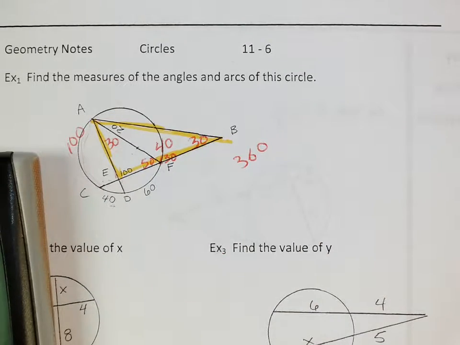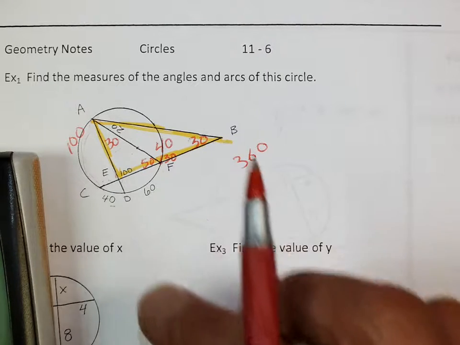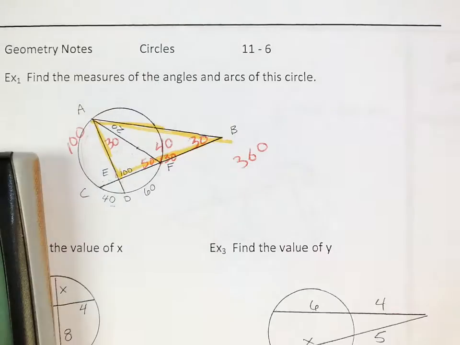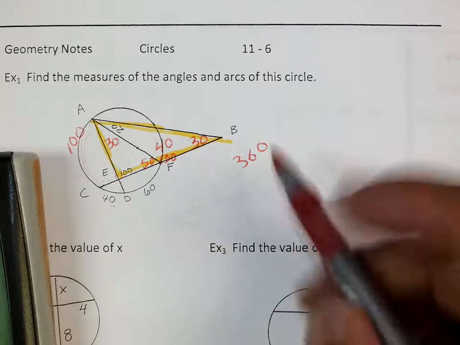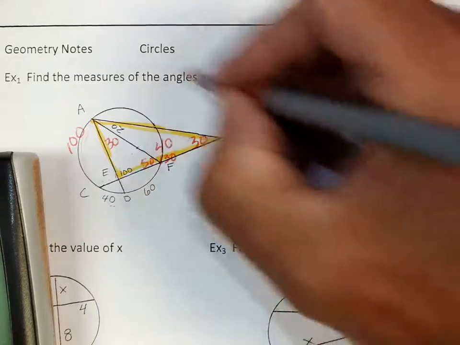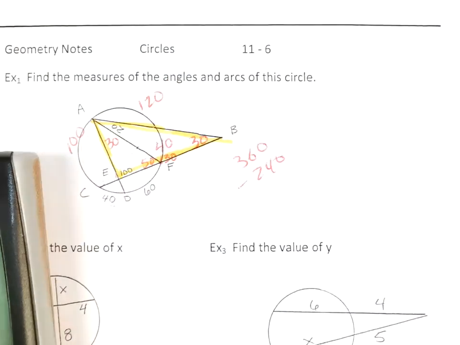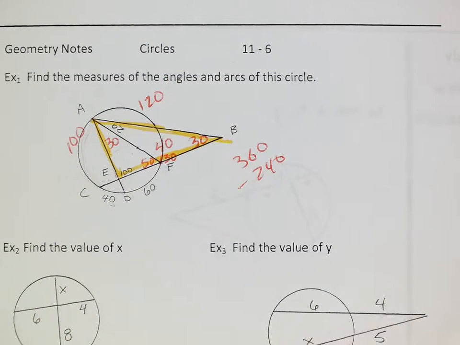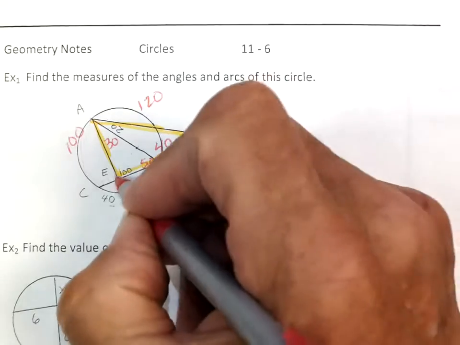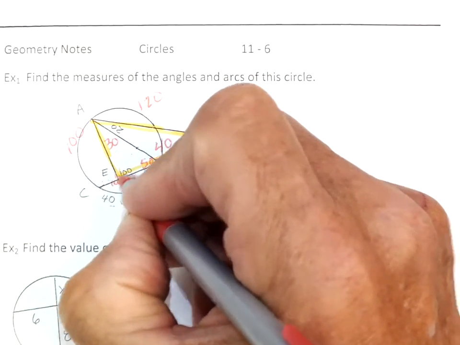I'm going to go my 40 plus my 60 plus my 40 plus my 100, and I get 240. 360 minus 240 makes that 120 there, right? And I think I have just about everything. 100, 100 here, 80, and 80.